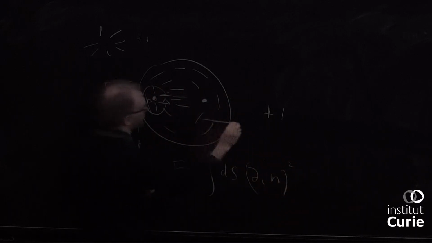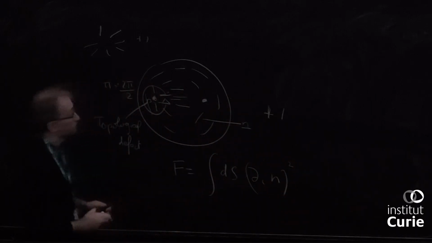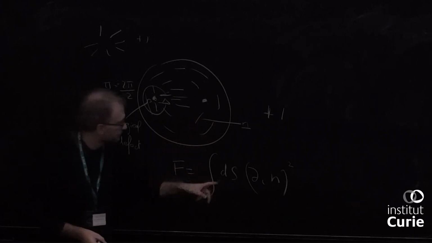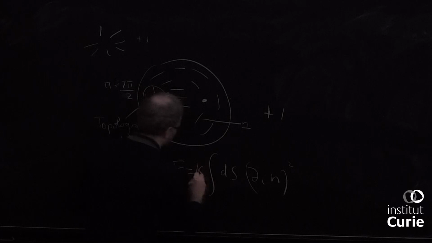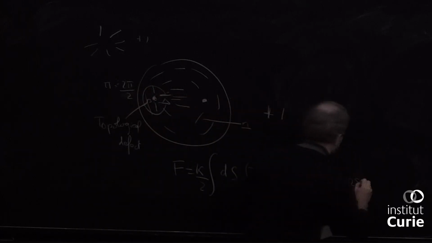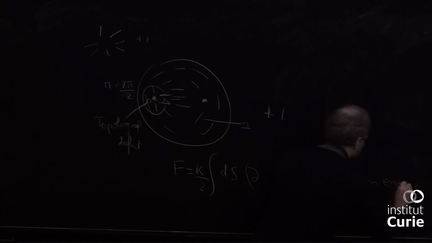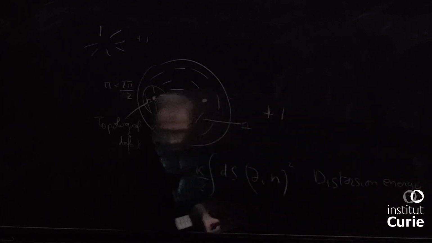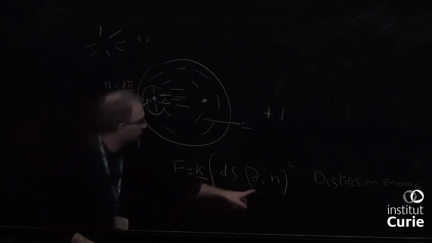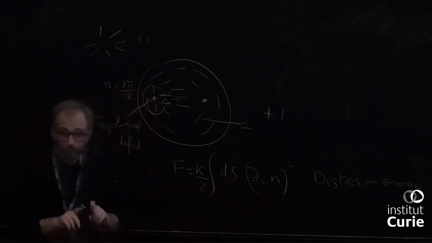so if n is a vector, the orientation vector at a point inside the disk, one can write a distortion energy. So the idea of this distortion energy is that it tends to minimize the gradient of the polarity.